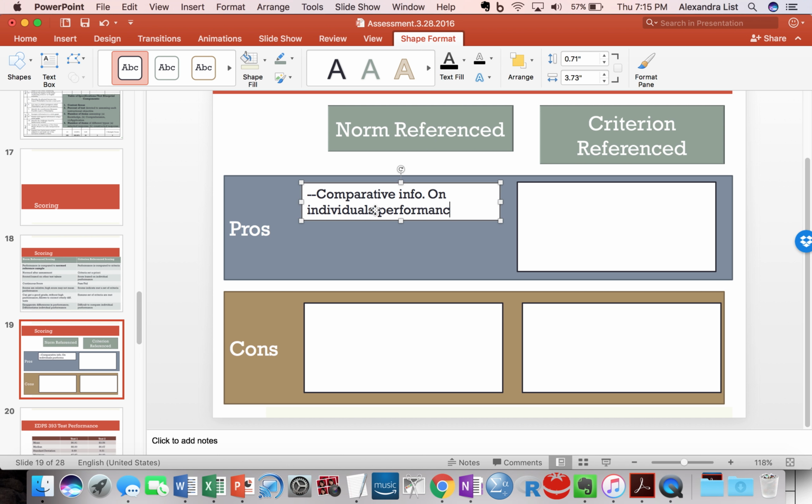So for example, if I'm looking at students to admit based on SAT scores, I'm able to say, oh, you did better than other people. So I'm able to take the strongest based on comparative information. Whereas with criterion reference scoring, the whole purpose of it is that it ensures that essential criteria or essential standards of performance are met.